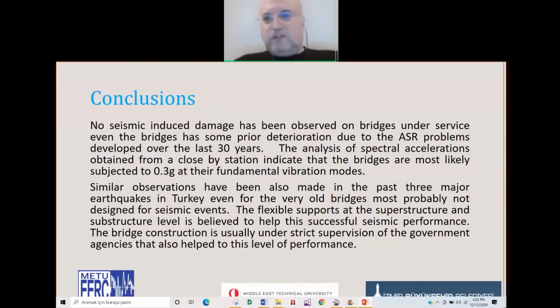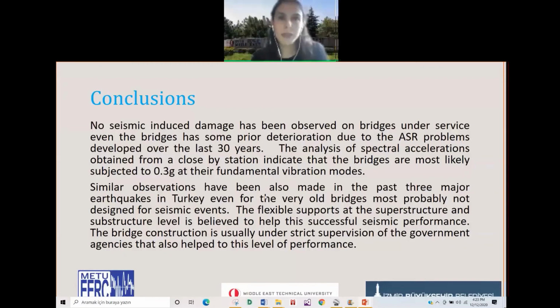The flexible supports at superstructure and substructure level are believed to help the successful seismic performance, so it is kind of an isolation system. Also, the bridge construction is strictly supervised by the government agencies.